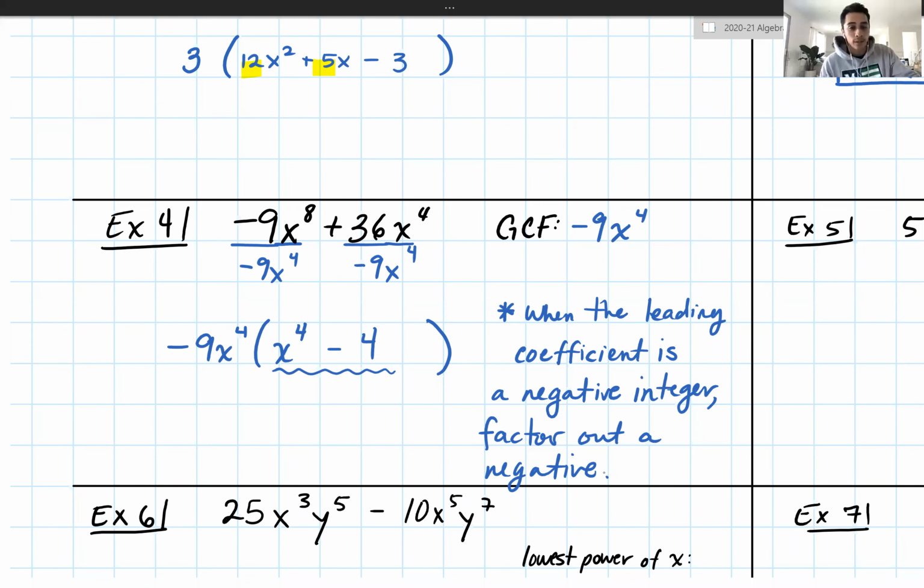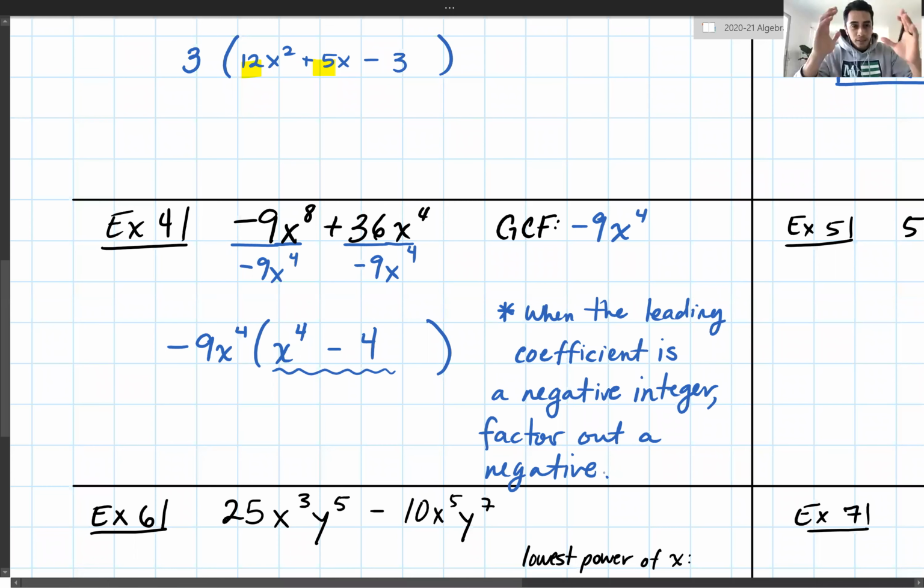Okay, and the reason why primarily is because when you factor out a negative out of the leading term, you're usually left with something inside your parentheses that can be factored even further. And it's a lot easier to factor what's inside of the parentheses when this leading term is no longer negative.